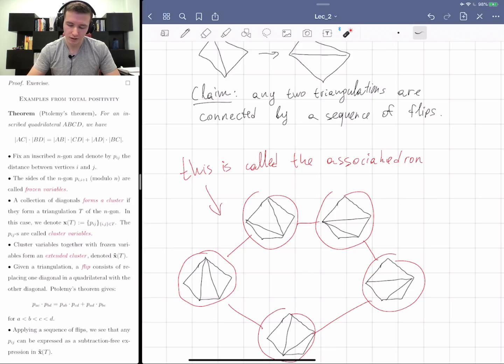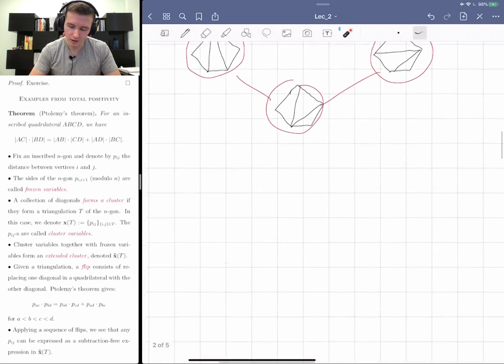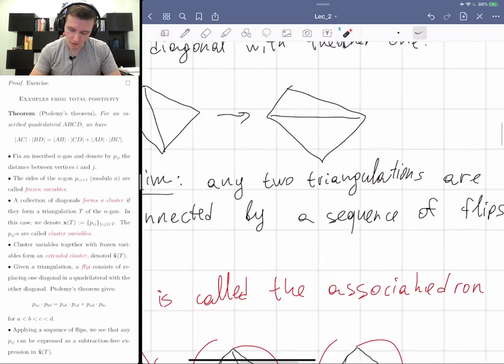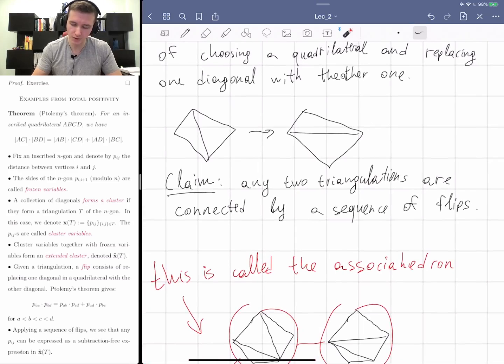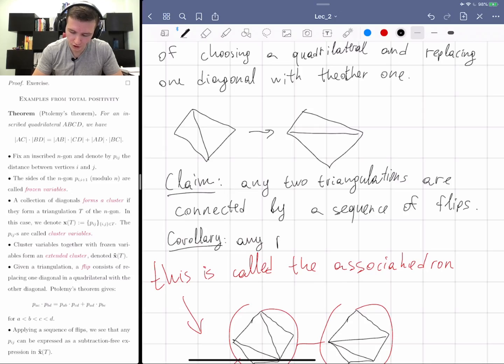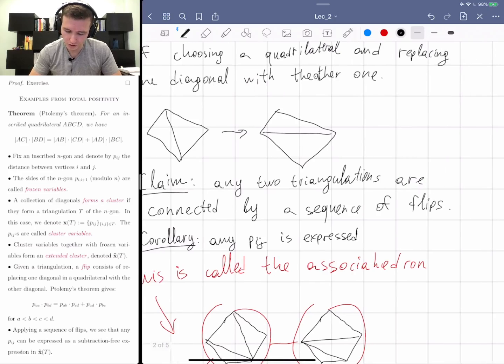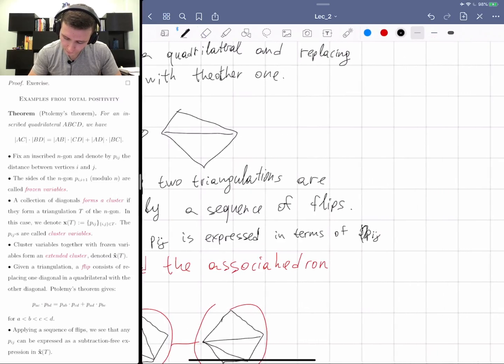But okay, so far let me use this claim: any two triangulations are connected by a sequence of flips, and therefore, corollary: any Pij is expressed, well, actually uniquely, but anyways, is expressed in terms of a cluster.